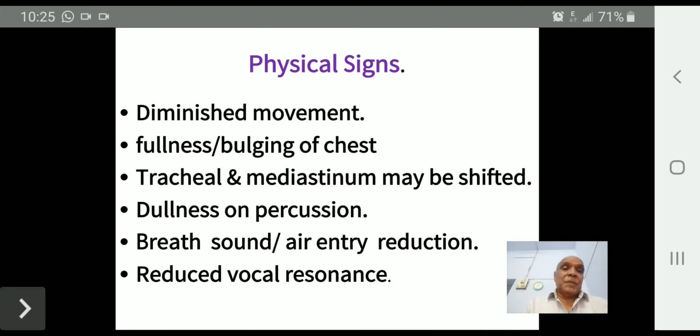The trachea and mediastinum are shifted to the opposite side, and on percussion there is a stony dullness. On auscultation, breath sounds are decreased or absent, and vocal resonance goes down.